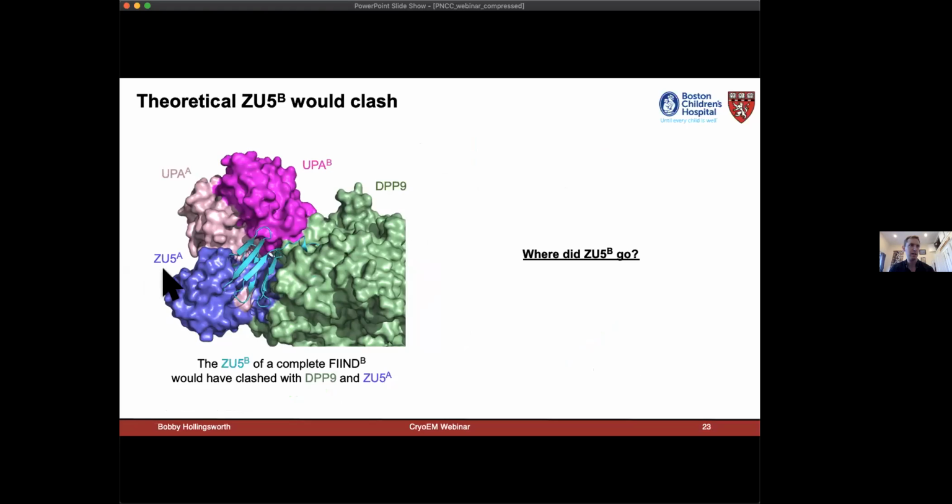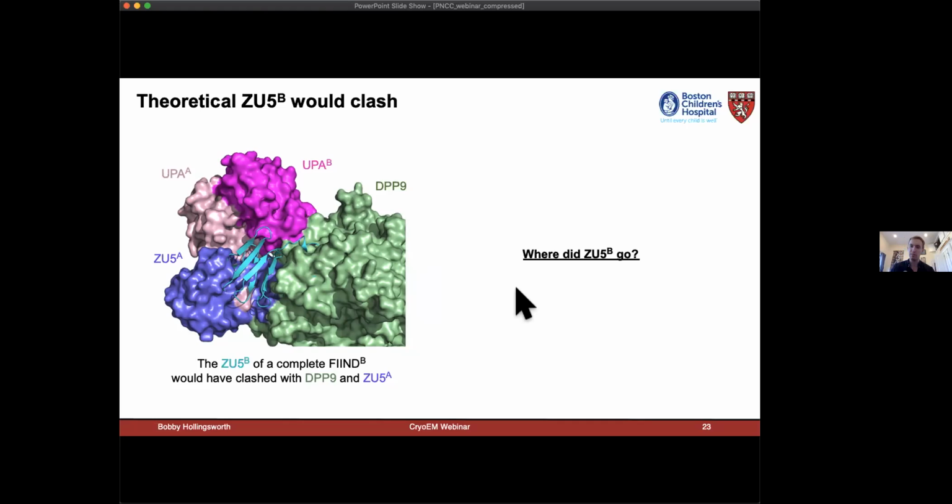What I did was take this pair from the first site and rigidly superimpose it, basic PyMOL, onto the second UPA and bring a theoretical ZU5 with it. We showed that ZU5 would clash with all of these other protomers in the structure and really wouldn't be reasonably accommodated. So we wondered where it went: was it dissociated, degraded?